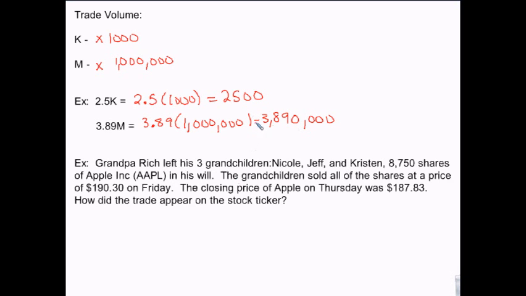You'll need to be able to do that to do the trade volumes. So 2.5K is 2,500 because the decimal place and the 10 cancel each other out.